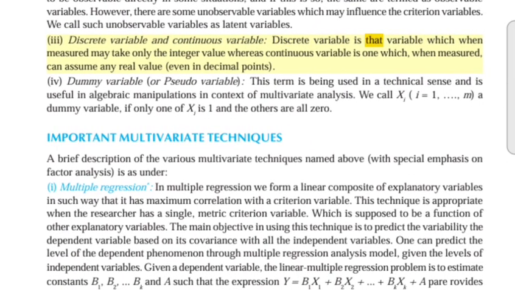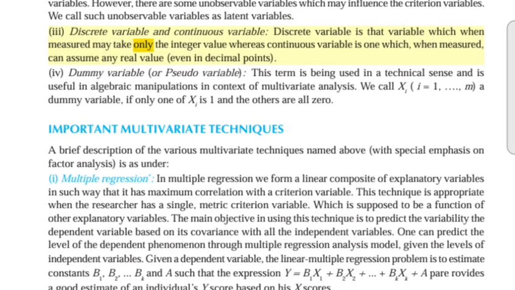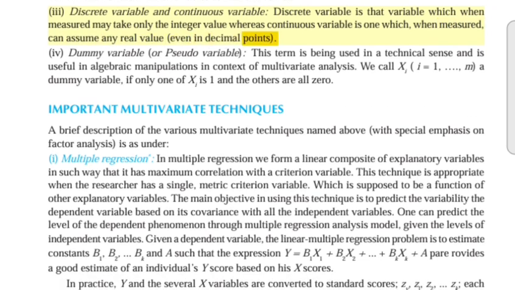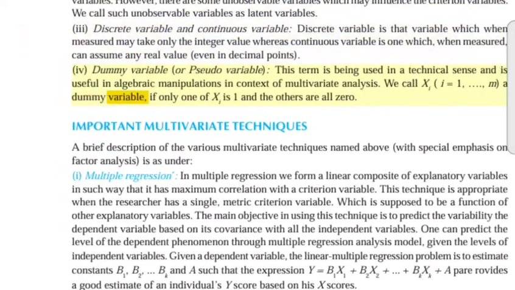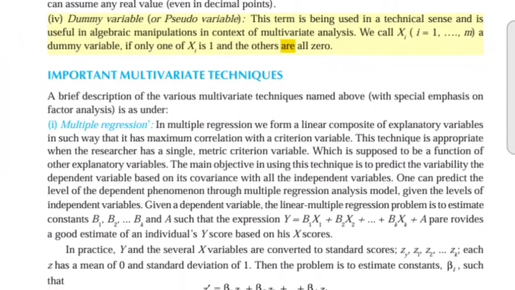A discrete variable is that variable which when measured may take only the integer value, whereas a continuous variable is one which, when measured, can assume any real value even in decimal points. Dummy variable or pseudo-variable. This term is being used in a technical sense and is useful in algebraic manipulations in the context of multivariate analysis. We call Si, i equals 1, ..., a dummy variable if only one of the Si is 1 and the others are all 0.